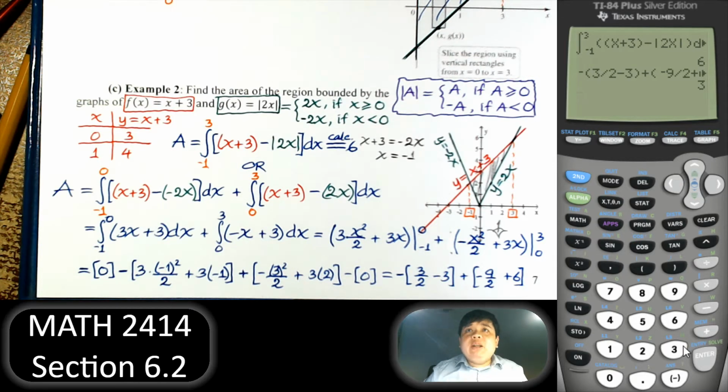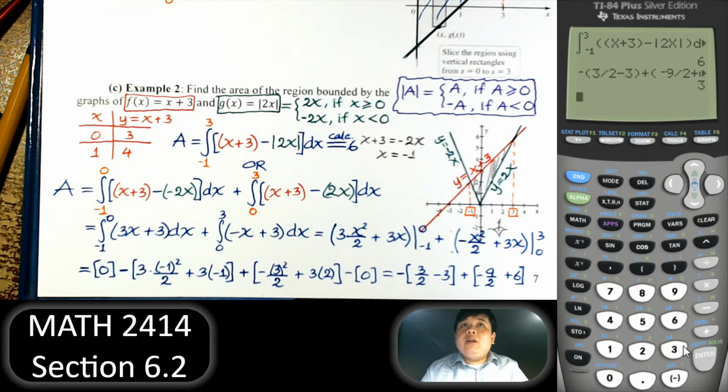Is there any? Why it's not 6? Minus 3 plus 9/2.